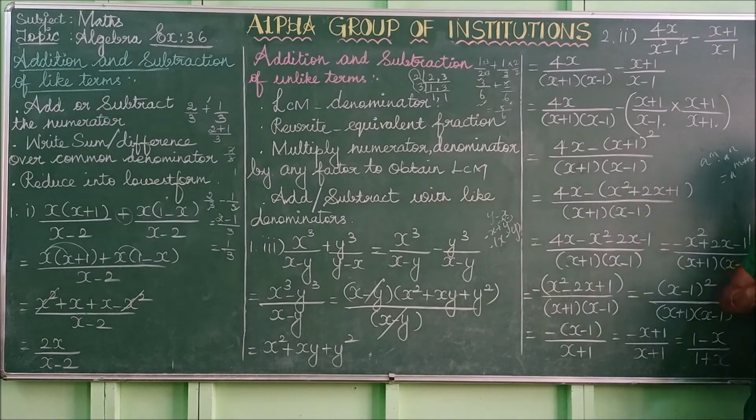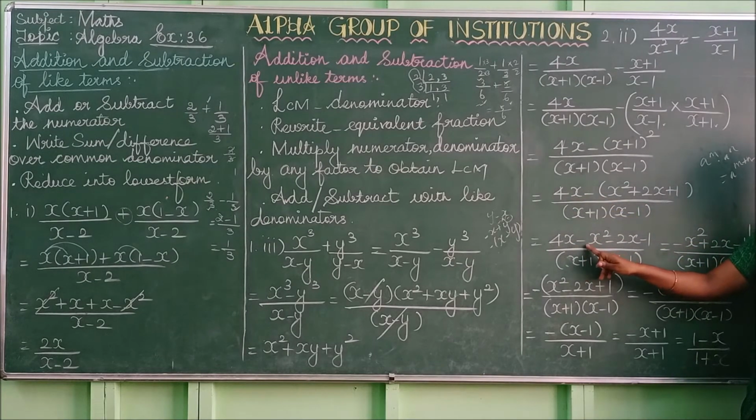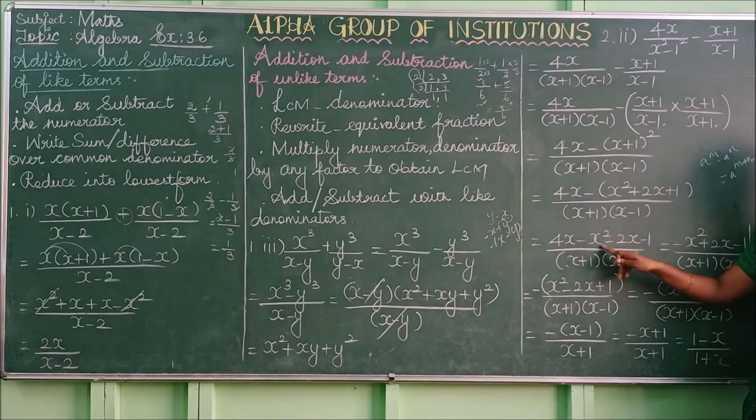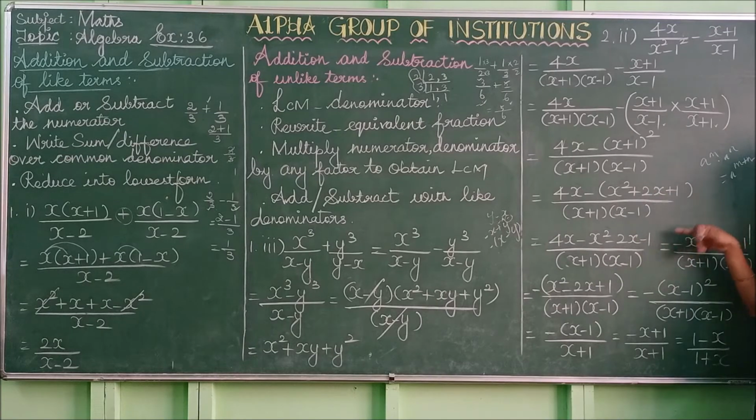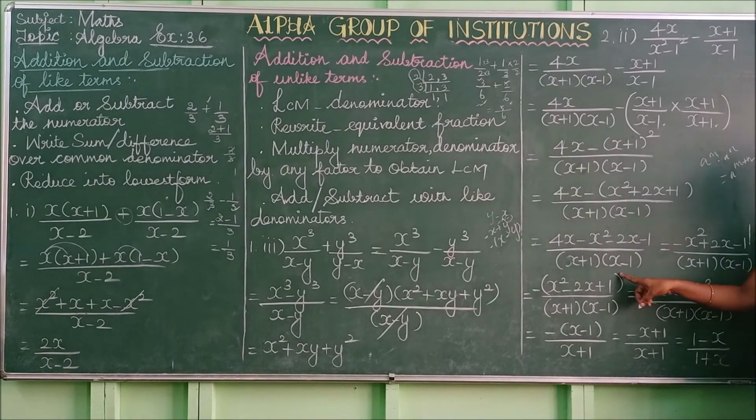Here a is x, b is 1: x square plus 2x plus 1. The denominator is x plus 1 into x minus 1. Then 4x minus, applying the minus to the inner side: minus x squared minus 2x minus 1, so all become negative. The denominator is x plus 1 into x minus 1.